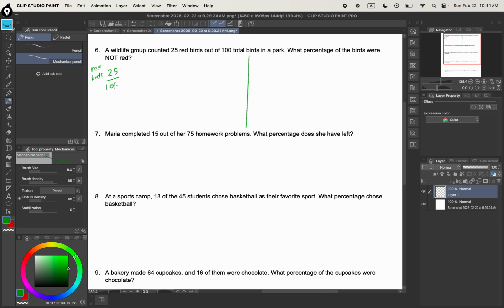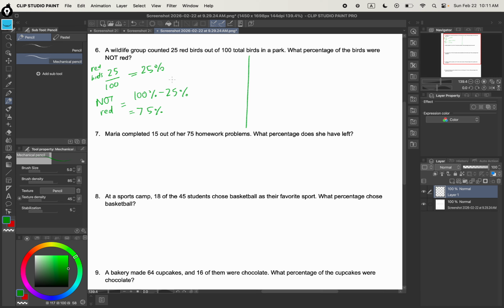Okay, 25 out of 100, which I know is going to be 25%, right? Because anytime it's over 100, it's percent. So not red is going to be equal to total percent minus the red percent, which is equal to 75%.